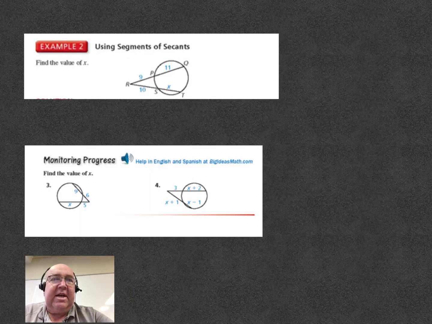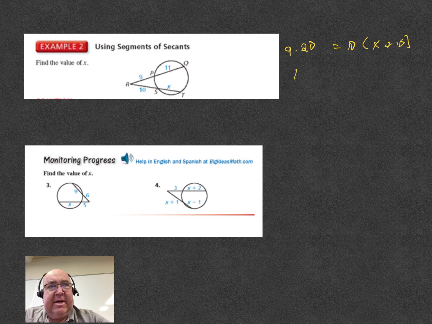So here we're going to have 9 times 20, because I have to add 9 and 11 together, is going to be equal to 10 times x plus 10.